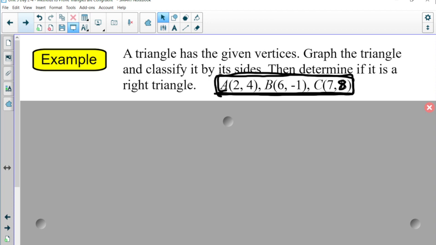Notice on the graph, that graph counts by 2's so that you can graph all 3 of those points.